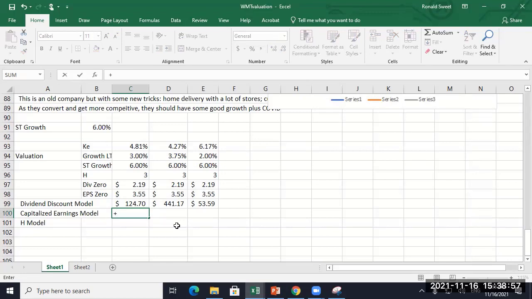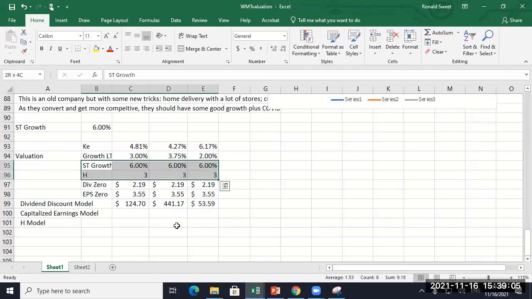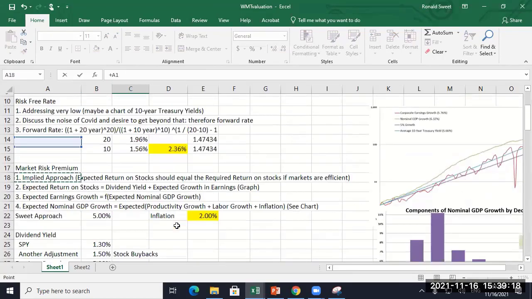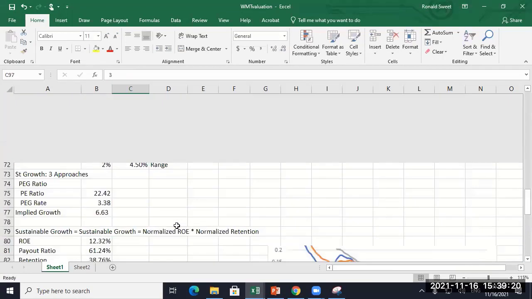We take the exact same formula, except we're going to use earnings per share. Oh, where's my inflation rate? I forgot to put that in there. What did I assume for inflation? 2%.